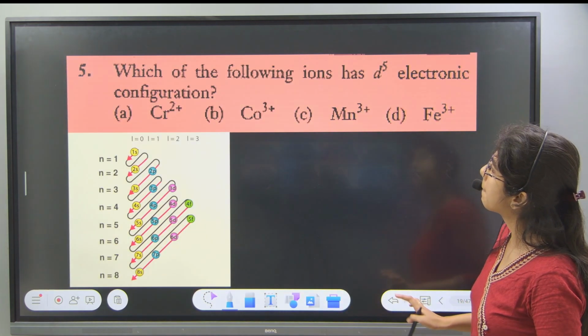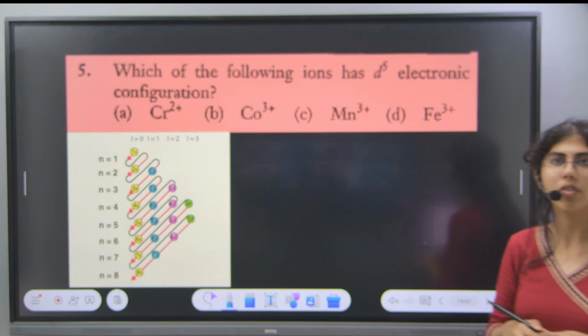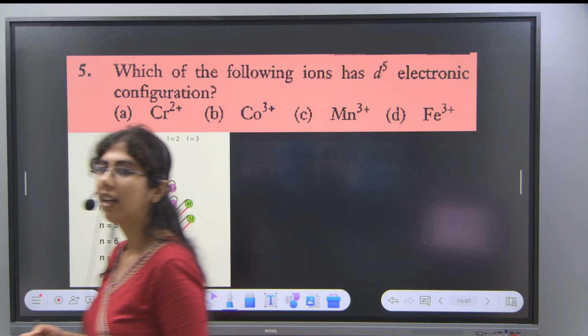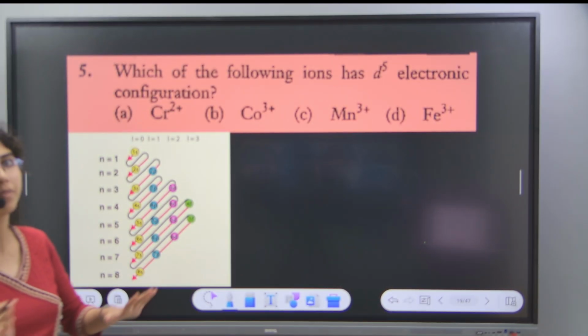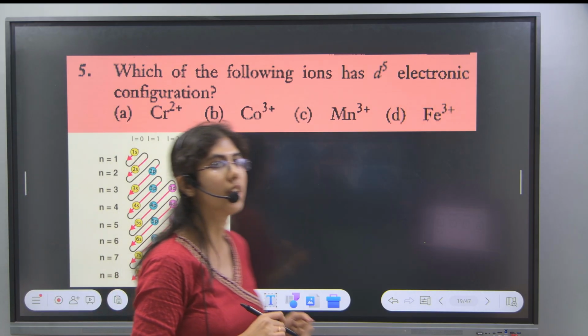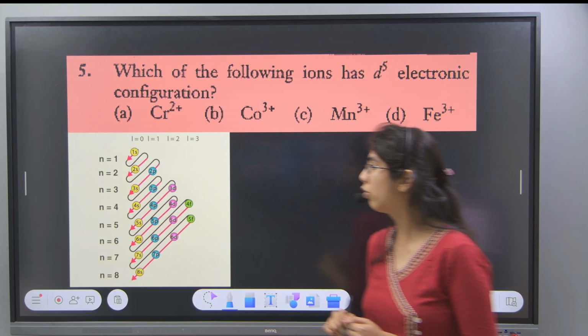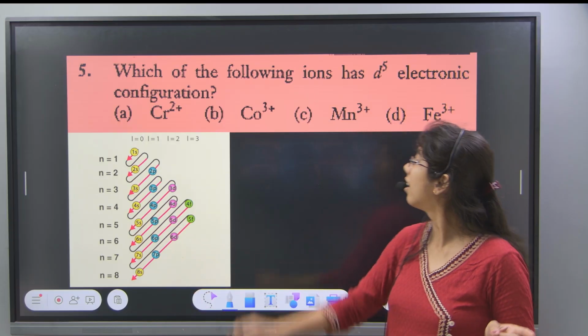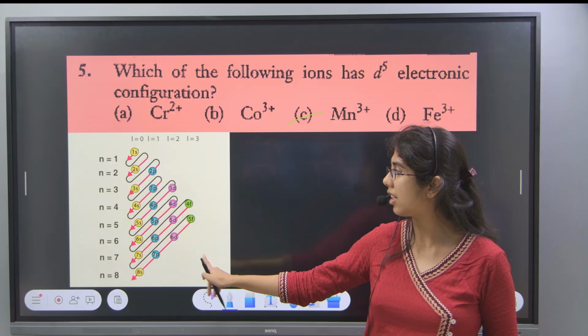Now we are going to start with the electronic configuration part, something that you should know from first year. Try answering this question. Which of the following ions has D5 electronic configuration? To recollect how to fill electrons, we have this energy level diagram.